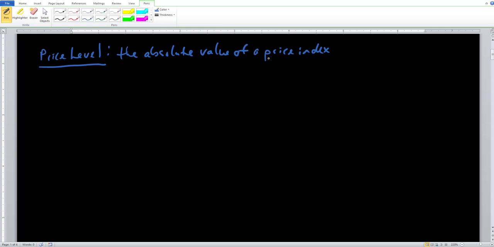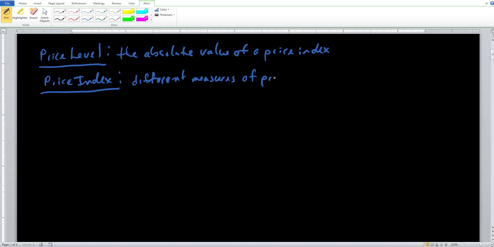What exactly is the price index is the next question that you guys might have. That is the second concept that we take a look at, the price index. And the price index is exactly how we measure this price level, the different measures of price.